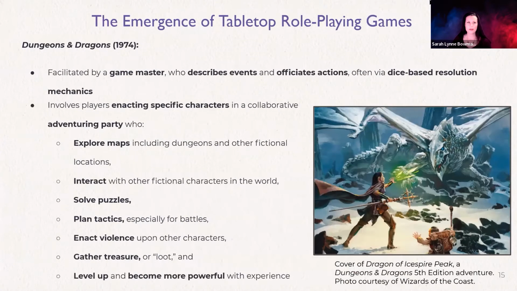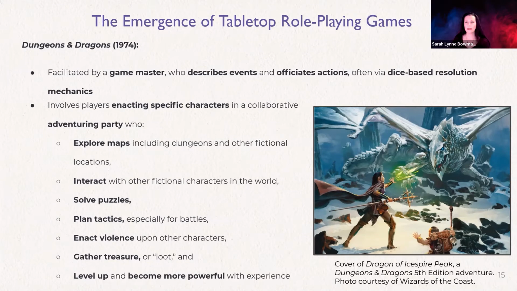D&D, for the most part, is facilitated by a game master who describes events and officiates actions, often via dice-based resolution mechanics. And what that means is there are these randomizers that the dice create, or other kinds of mechanics create, that allow for people to have an element of chance, perhaps an element of fairness towards their play.